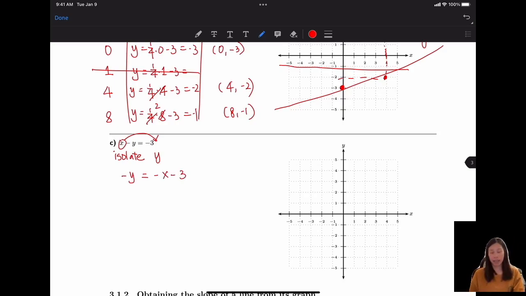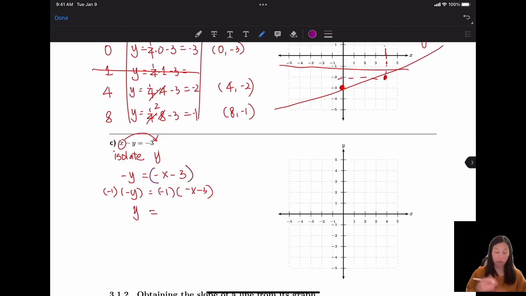And then next, I have a negative sign. I feel uncomfortable seeing a negative sign in front of the y. So what you would do is multiply by -1 on both sides. So you will have, what? -1 times y is y, and then -1, you multiply the whole thing.